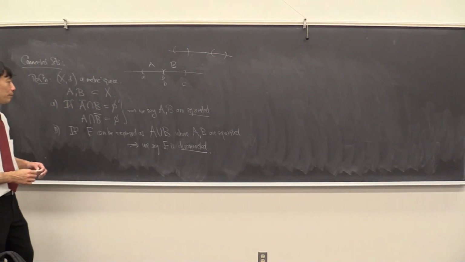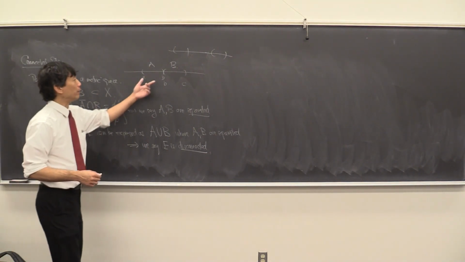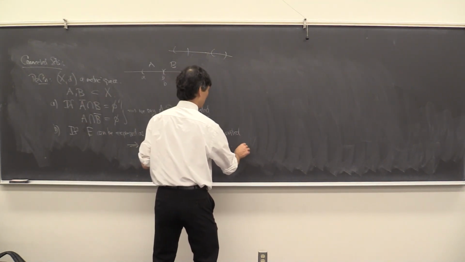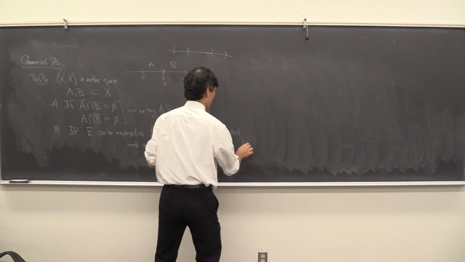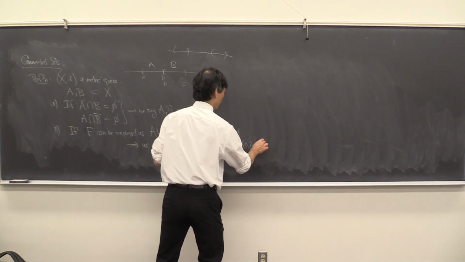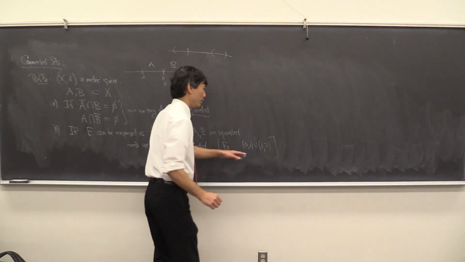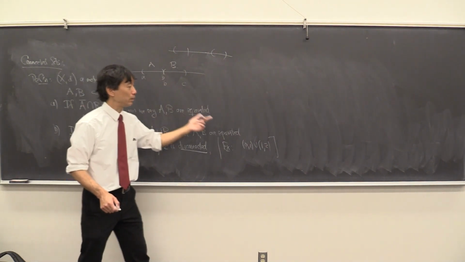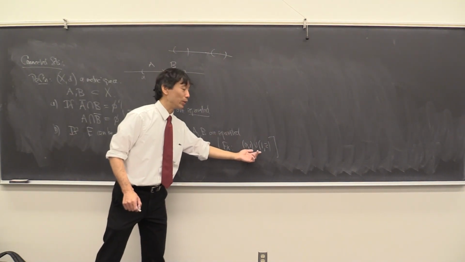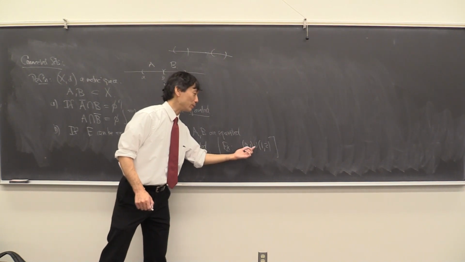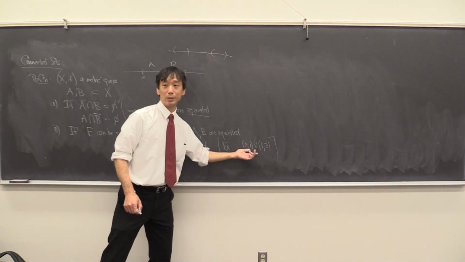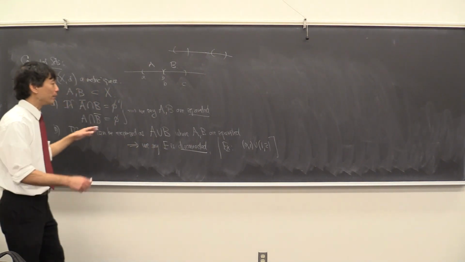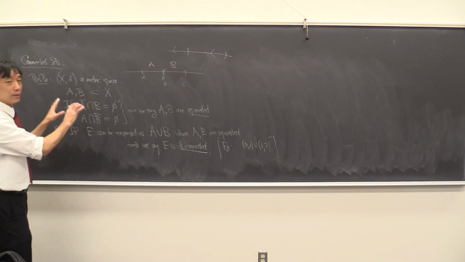So like if I had (0, 1) union (1, 2), that's exactly this sort of thing. It's expressible as a union of separated sets, you can express it as this union this, and those are separated sets. So then E is disconnected. Whenever you can express it as separated sets, then it's disconnected.